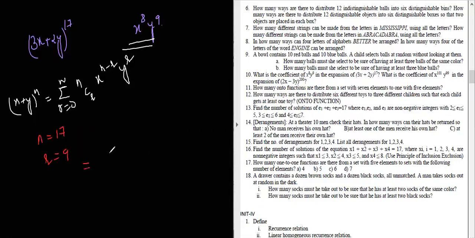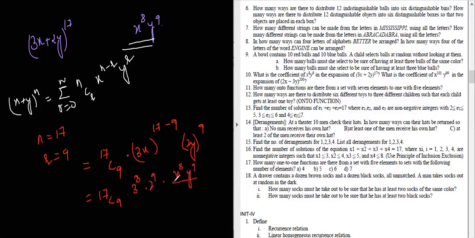So our coefficient will be in this way: 17c9 into (3x) power 17 minus 9, which gives us the value 8, and (2y) power 9. So 17c9 into 3 power 8 into 2 power 9, and then we have x power 8, y power 9.